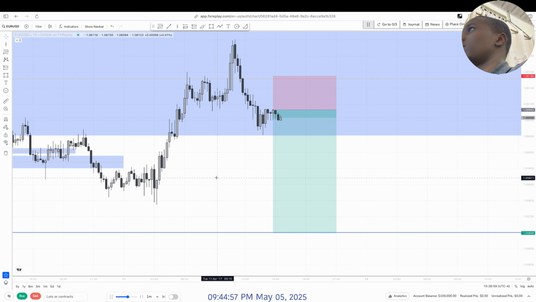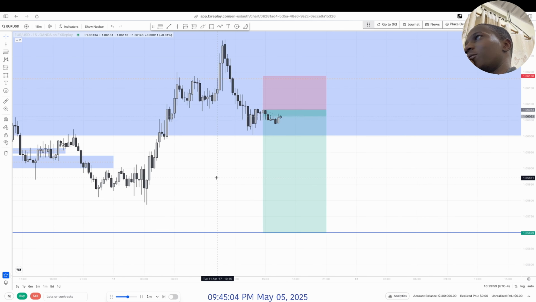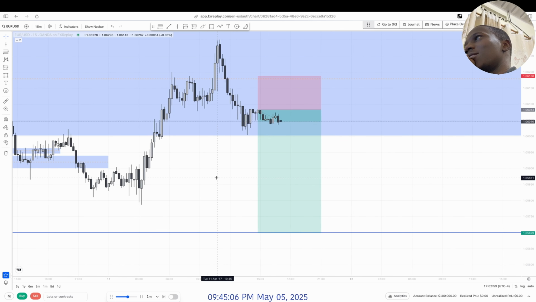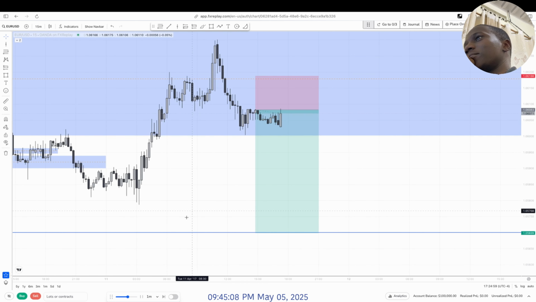So we start off with a small push, and then we go straight back into the upside. Let's speed it up a bit. Very bad consolidation.